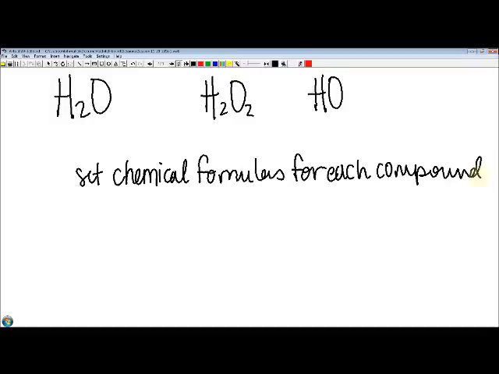If you're talking about a chemical compound, you can't just throw in random subscript numbers. You can't just throw in random atoms and make up however many you want. That's going to change what the compound is. So compounds have set exact chemical formulas. And that's what definite proportions is trying to tell you. It's definite. It's definitely going to be the same every single time for the chemical formulas.